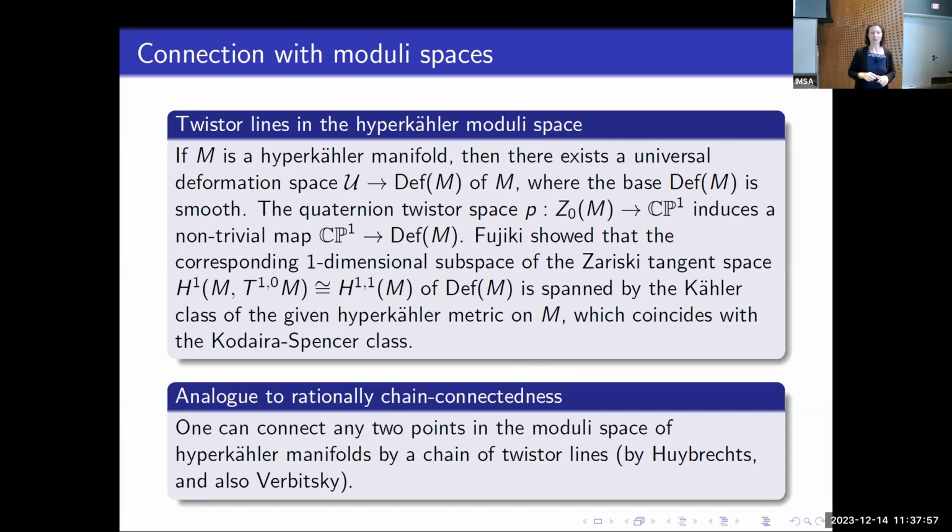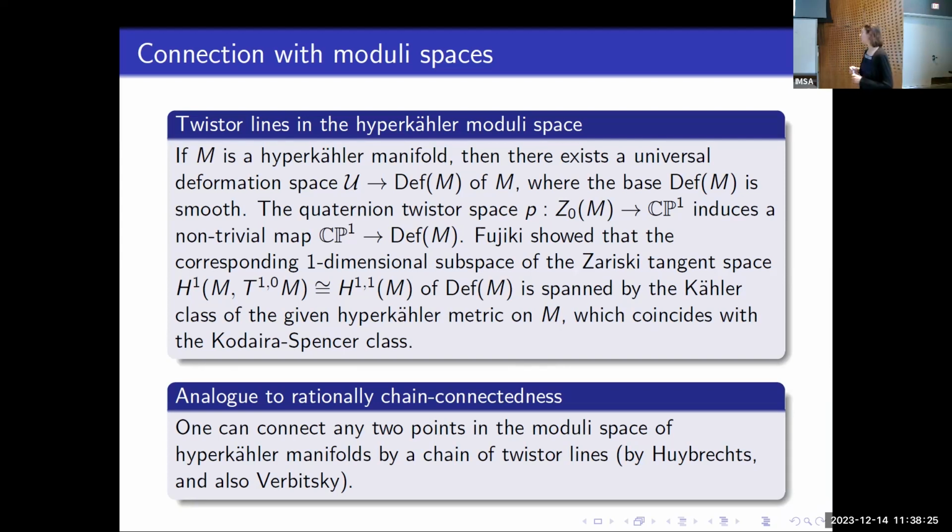So Fedya Bogomolov proved that the moduli space of hyperkähler manifolds is unobstructed. In general, for Calabi-Yau manifolds, this is the Tian-Todorov theorem of unobstructedness. But anyway, you have a very nice moduli theory of hyperkähler manifolds here.